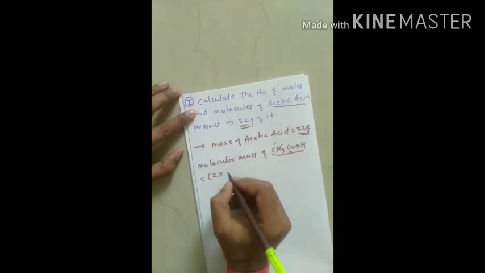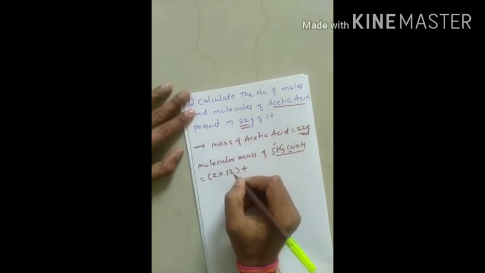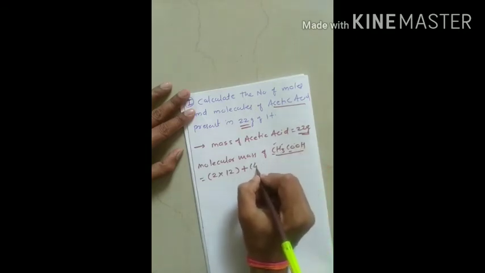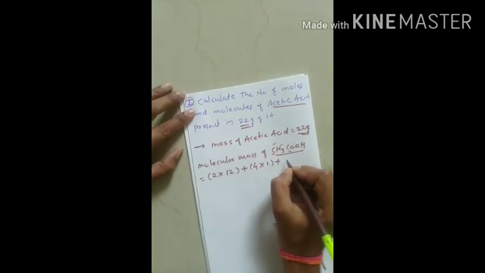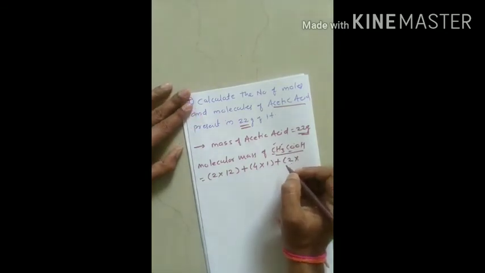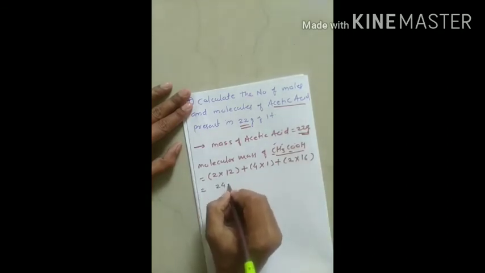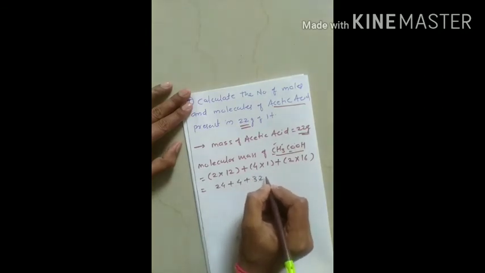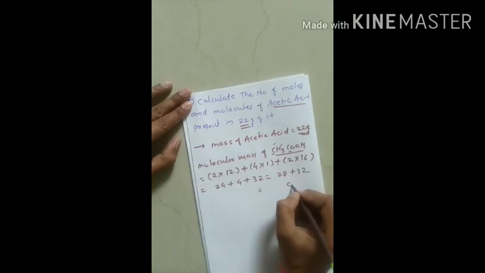The average atomic mass of carbon is 12 atomic mass unit, plus it contains hydrogen atoms, 3 and 1, so the number of atoms of hydrogen is 4, and the average atomic mass of hydrogen is 1, plus it contains 2 atoms of oxygen, for which the average atomic mass is 16 u. Okay, if I add it, it becomes 24 plus 4 plus 32, so 28 plus 32, and it is found to be 60 unit.